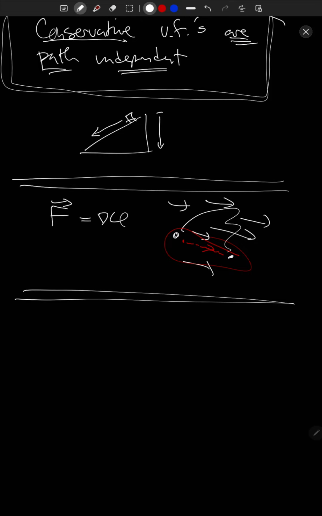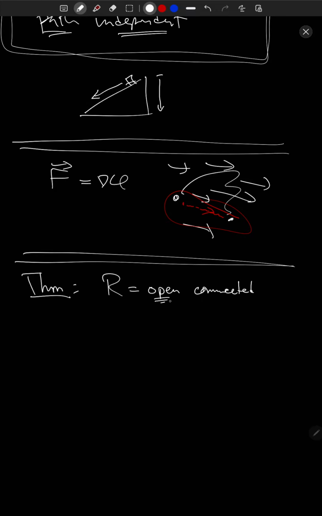But in fact, there's a theorem that goes the other way. If R is open and connected, all right, so open means, well, not closed. It's the two-dimensional or three-dimensional version of an interval that looks like that, as opposed to something that looks like that or that.